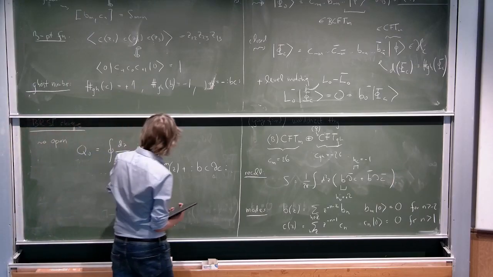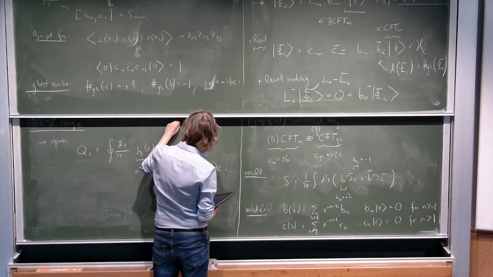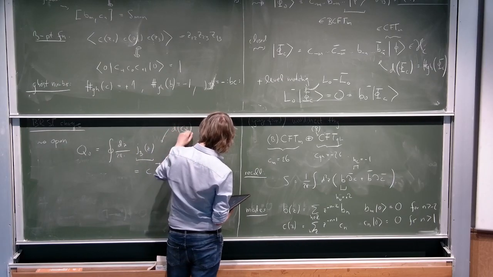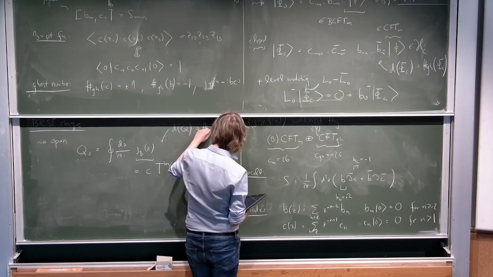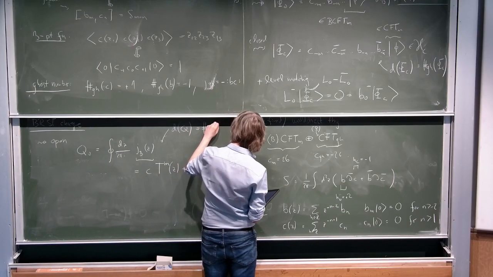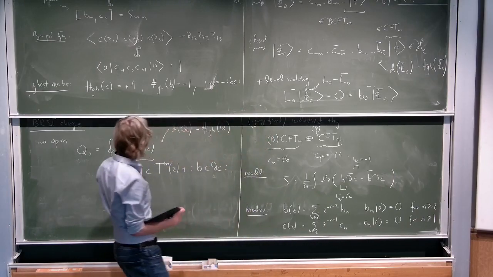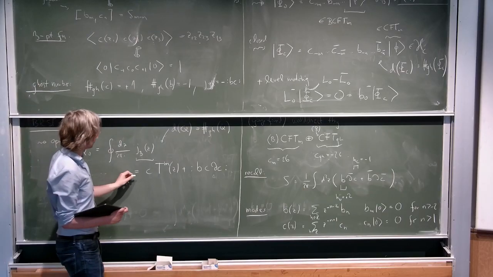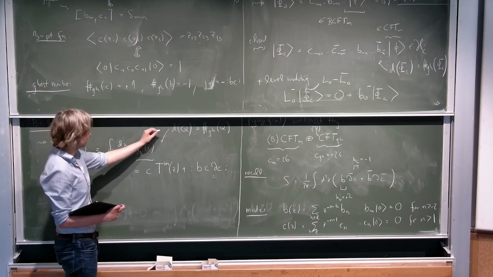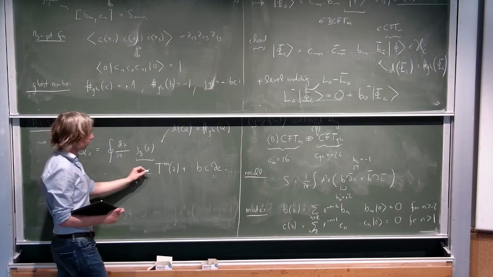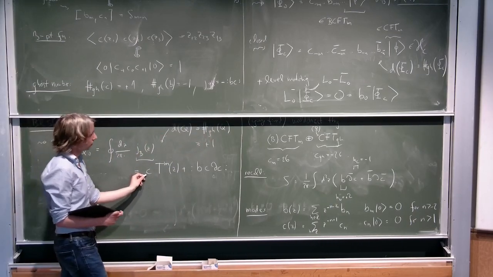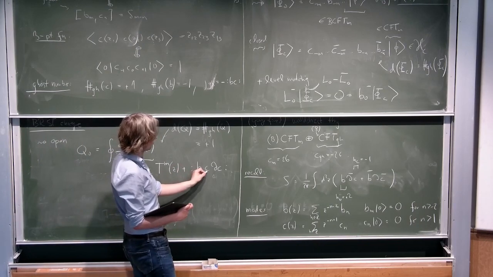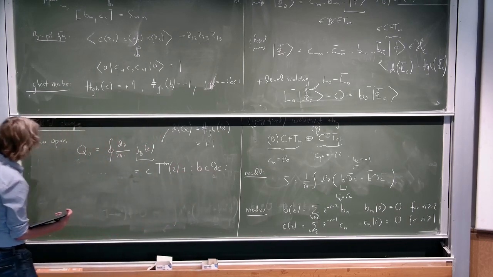In the case of operators, both in the closed and open case, we will say that the degree of an operator is exactly equal to its ghost number. So in the case of Q, you can read off that it's homogeneous in the ghost number and is equal to +1, right? So here the +1 comes from the c ghost, and here the +1 comes from 2 minus 1, right?